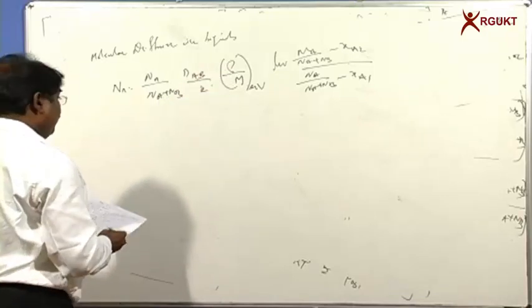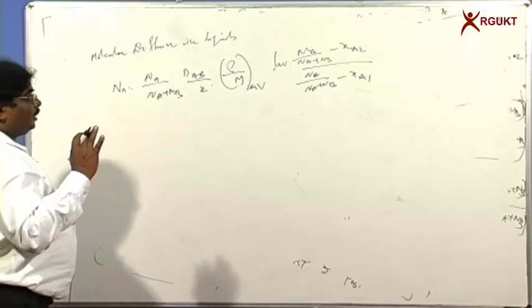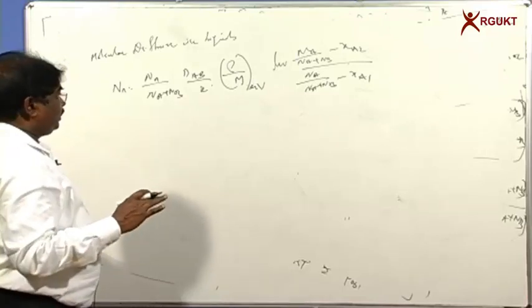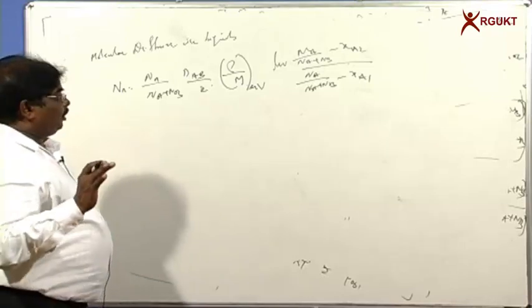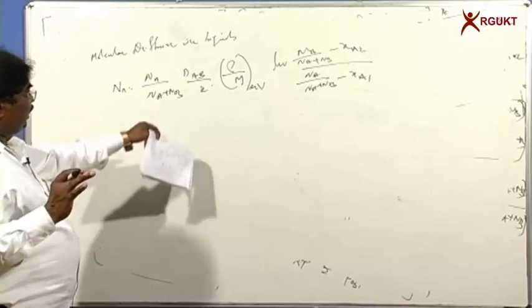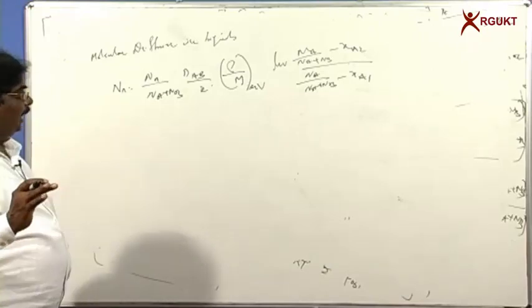Here rho and M are the solution density as well as the molecular weight, so one can calculate at point 1 what the concentration, the density and the molecular weight are. At point 2, we know the concentration, one can know the density, and we can calculate the rho by M average. Once you know the rho by M average, one can calculate Na.